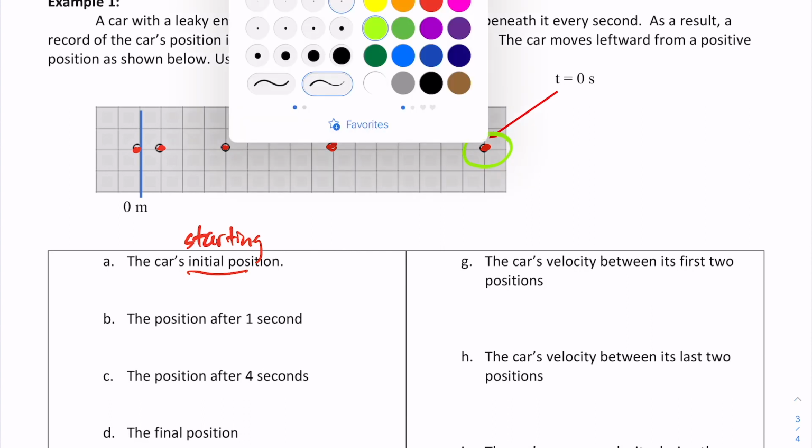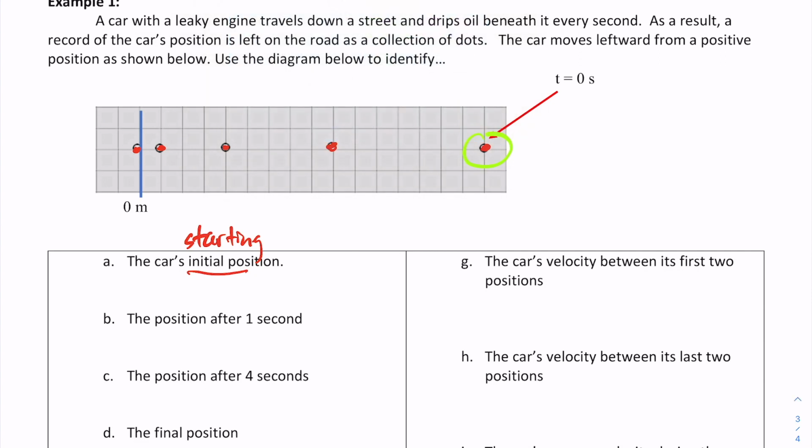So if this says that the car drips oil beneath it every second, then we can say that this first dot is t equals 0, and I'm actually going to just write it a little bit closer. And then that the next dot would be 1 second later. So this would be t equals 1 second. And then the next dot is 1 second later, 2 seconds. This would be 3 seconds. This would be 4 seconds right here. So it's a 4-second journey.